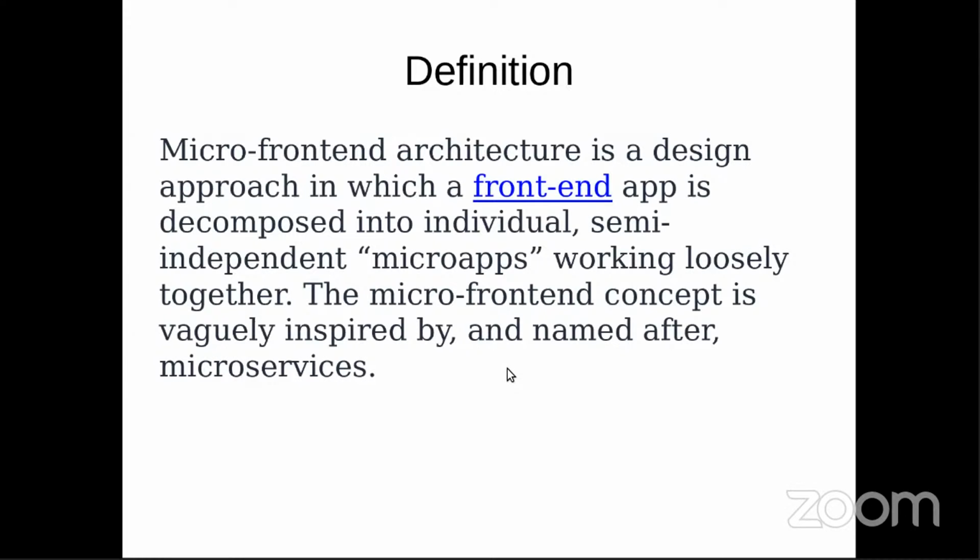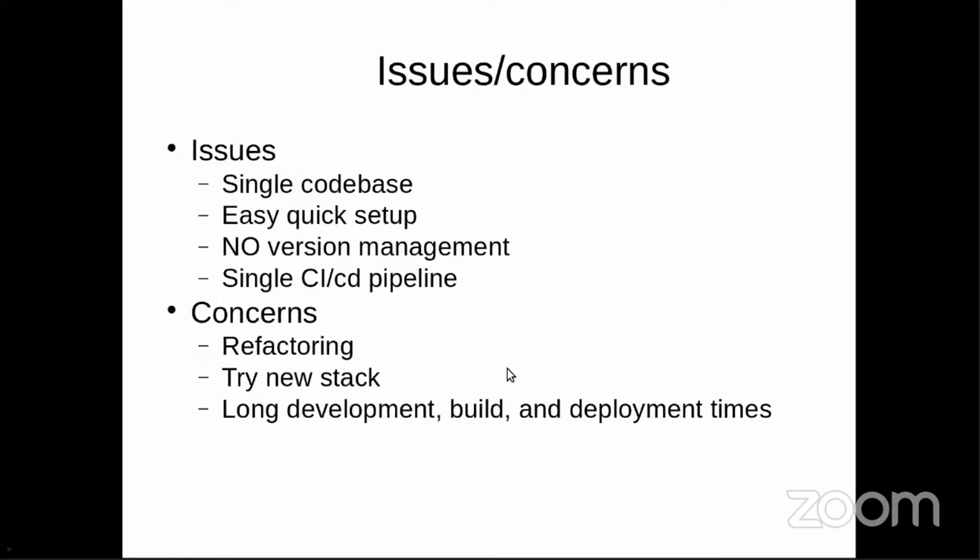And then let's discuss the issues or concerns, the reasons for moving from a monolithic or legacy way of constructing a website to a regularly used approach like the micro front-end approach.